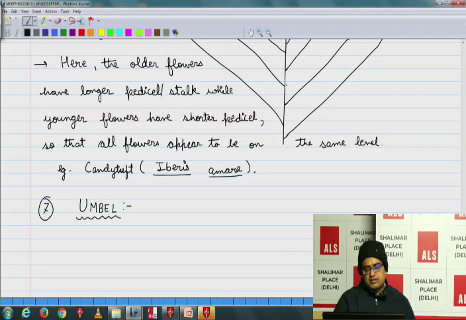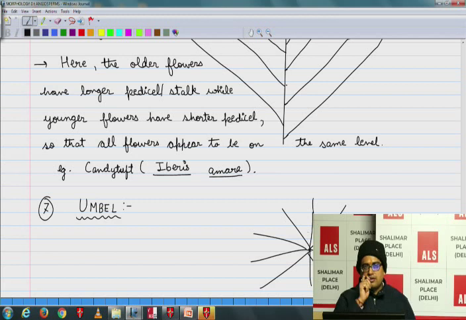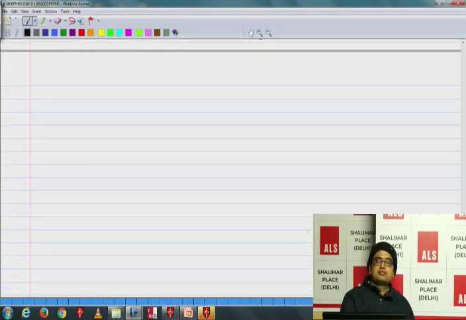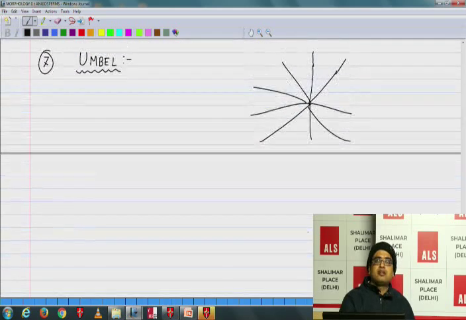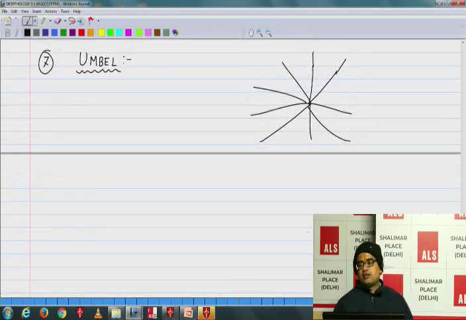It looks like this. White colored. Do you remember this? And when you blow it, it will all get dispersed, right? So that is an example of umbel inflorescence.